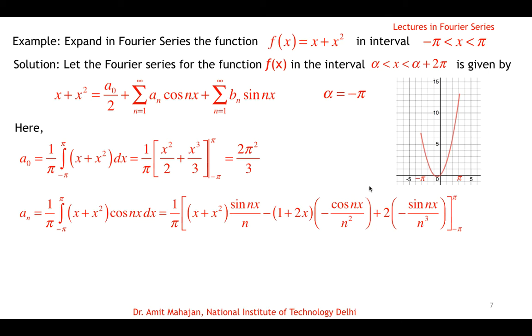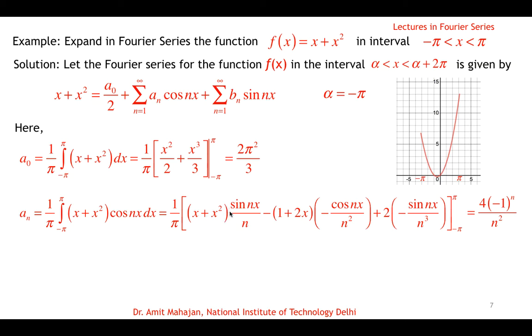Then you substitute the upper limit minus lower limit. Sine n pi is 0, and sine of minus n pi is also 0, so sine functions are 0 for both limits, and cos n pi, we know its value is minus 1 raised to power n. So we can substitute it here and find the a n value.